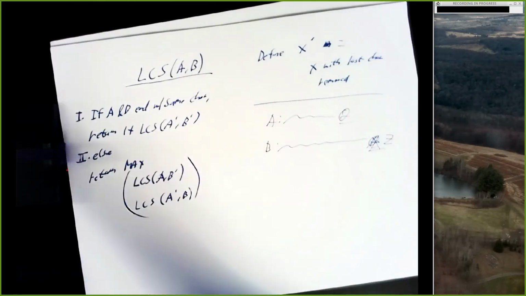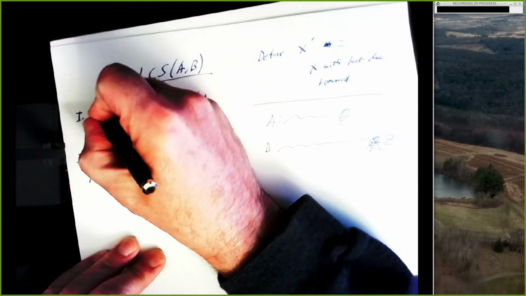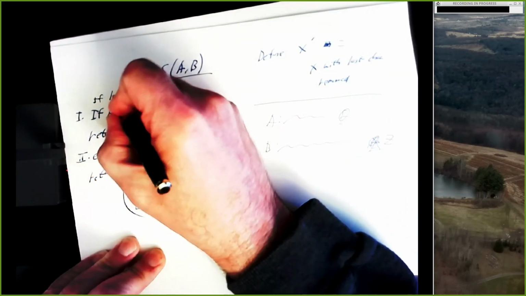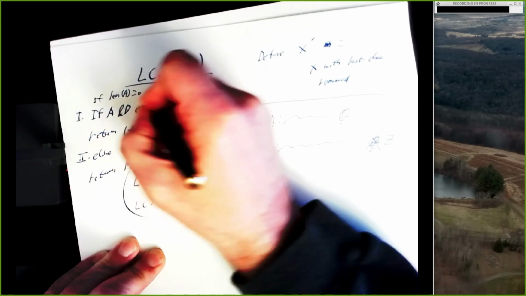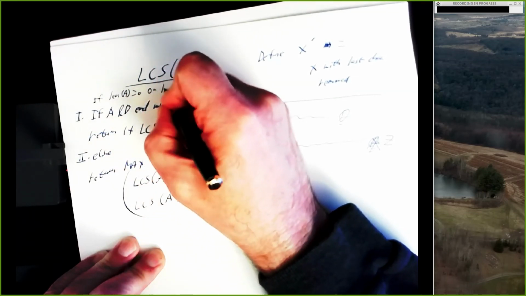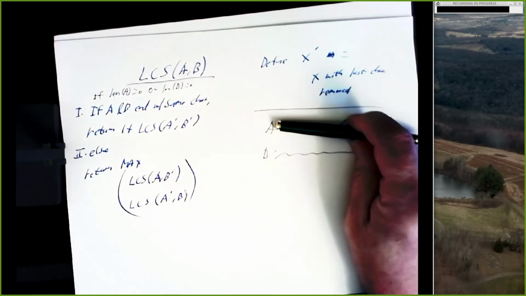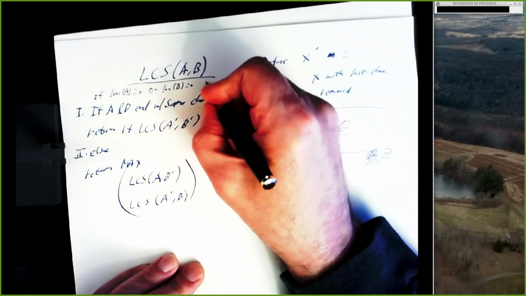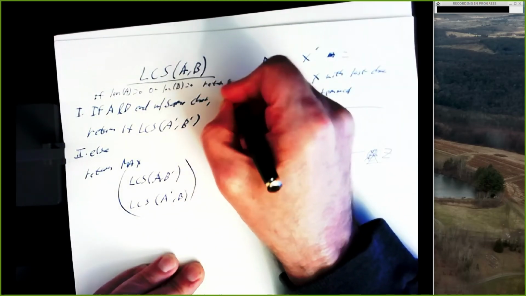And so we put a base case in here. If the length of A equals 0 or the length of B equals 0, then one of these strings is empty, it has no substrings, and so we can just return 0.